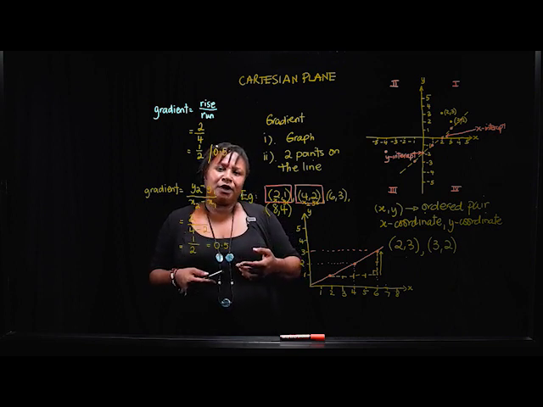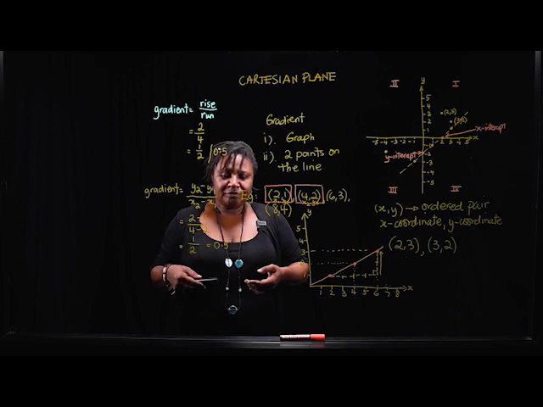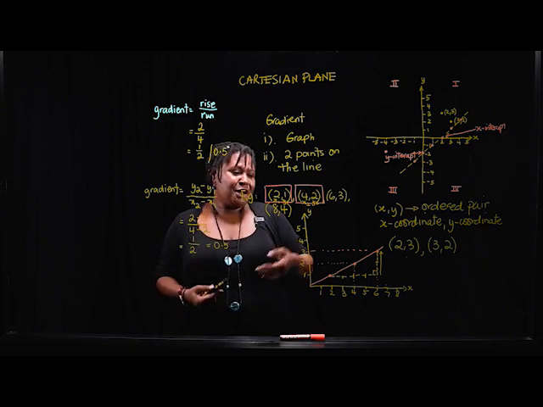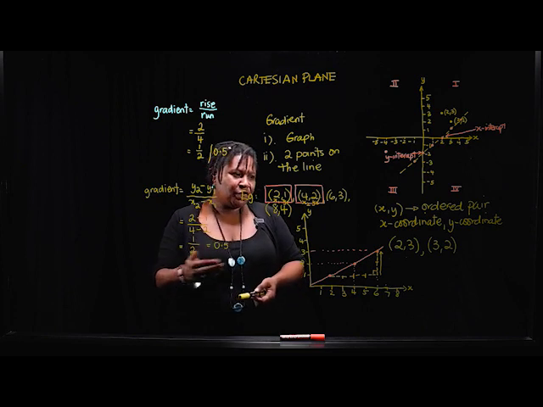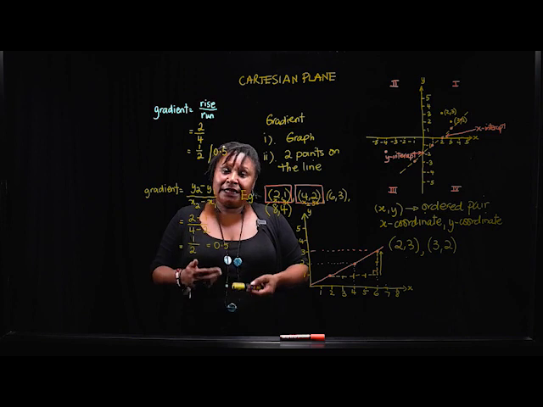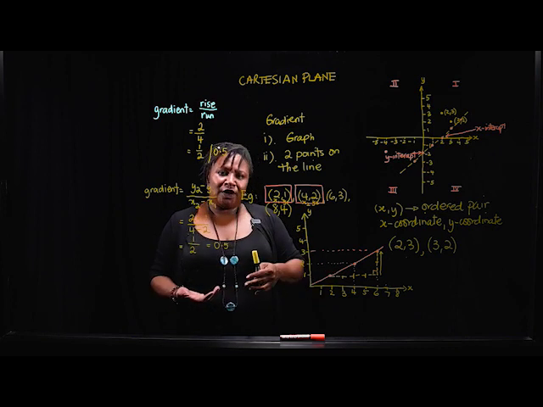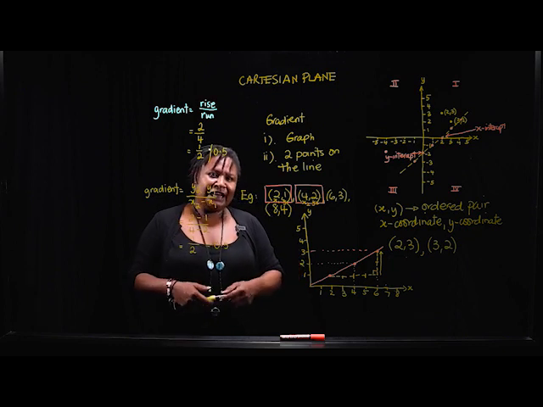In the next lesson, we're going to have a look at how to form the equation of the line from a graph. I hope you have enjoyed this or understood a little bit more than you had. I'll see you in our next lesson when we look at equations of lines. Thank you.